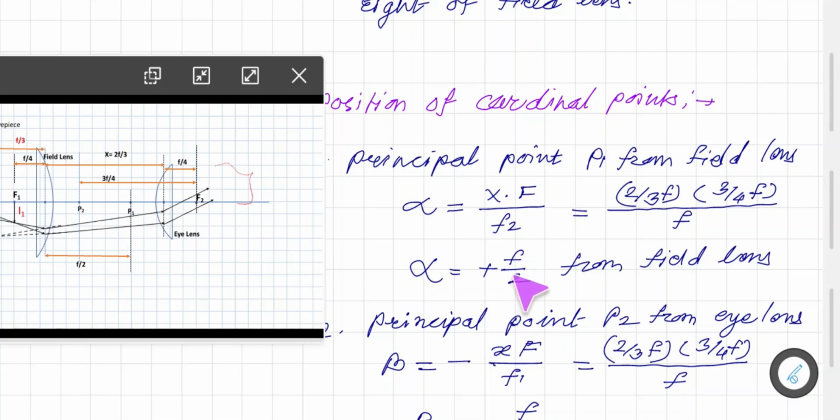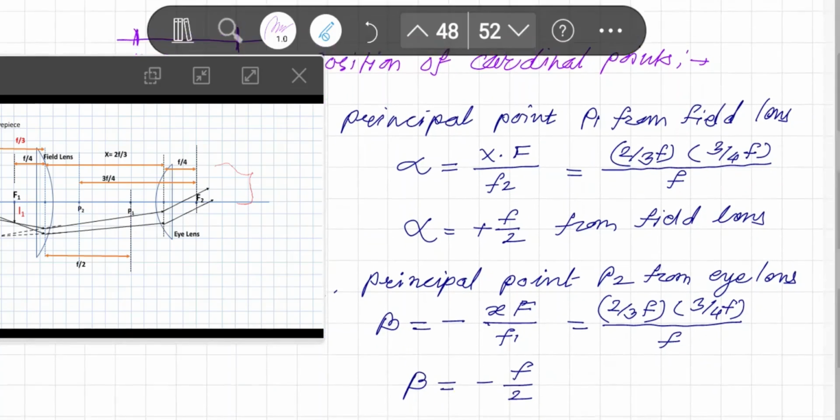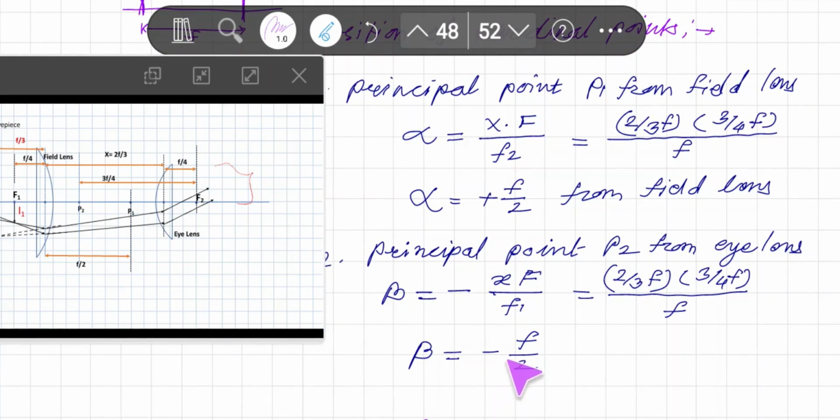Similarly, the second principal point, this is P2, that is beta. Here, at distance beta is equal to minus x capital F upon f1, again putting the same values, that is 2/3 f into 3/4 f upon f. So we get the value of beta is equal to minus f by 2.